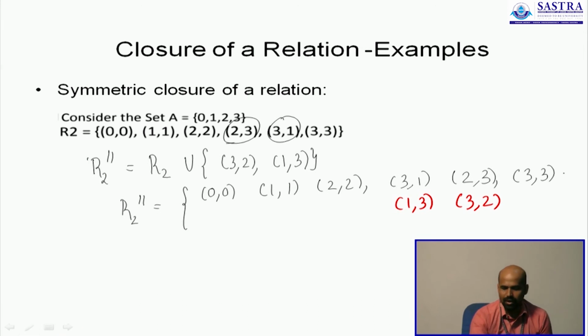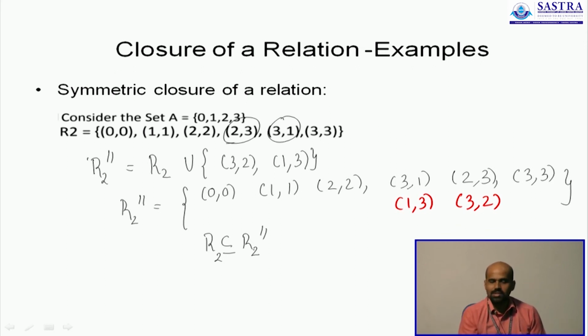Now we have made the relation symmetric because every pair has its symmetric pair also present, and this is the smallest relation you can define such that R2 is contained in R2 double dash. If you remove any one of these ordered pairs, the result will either not be symmetric or it will not contain R2.